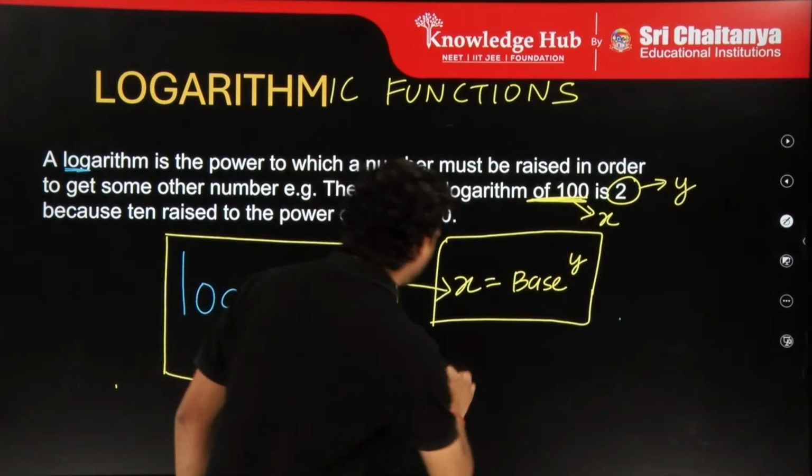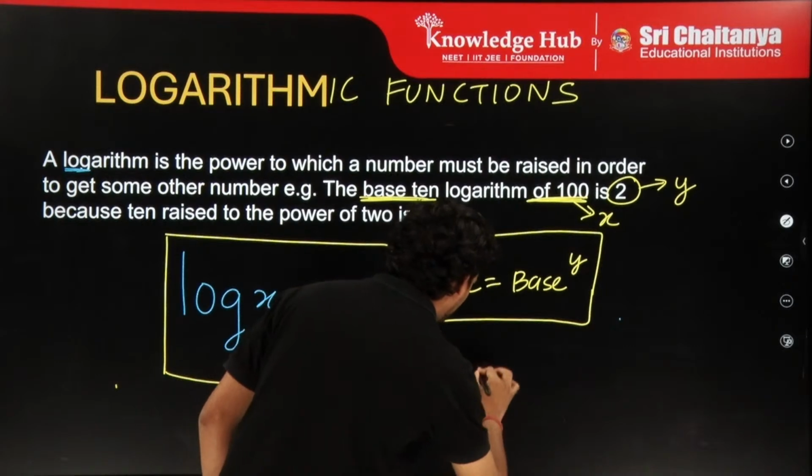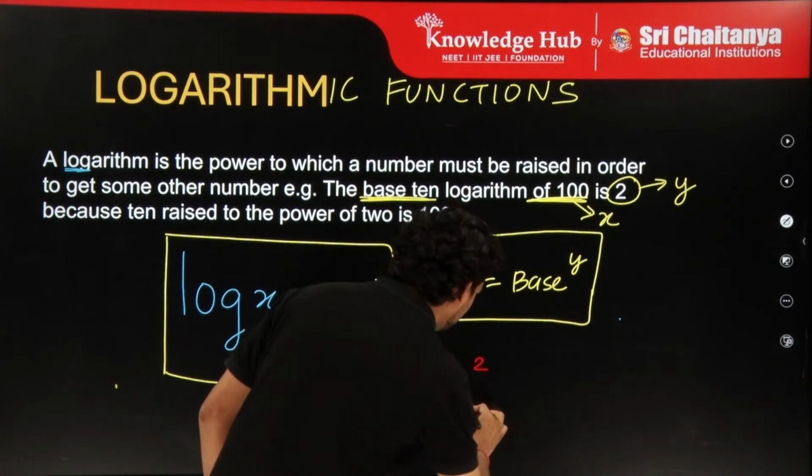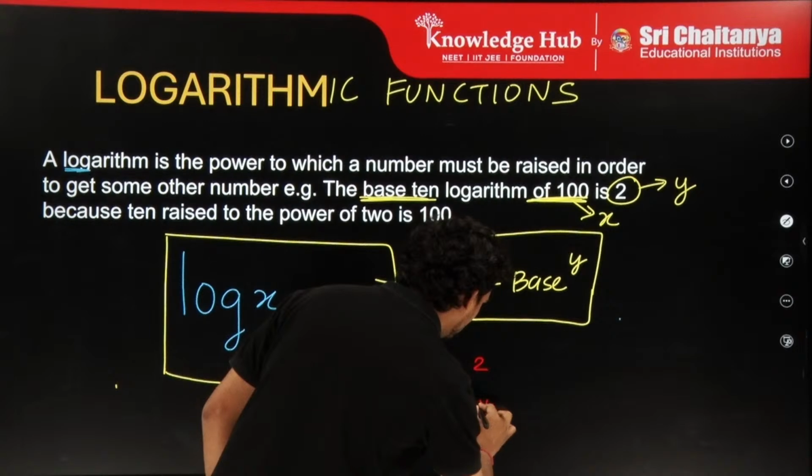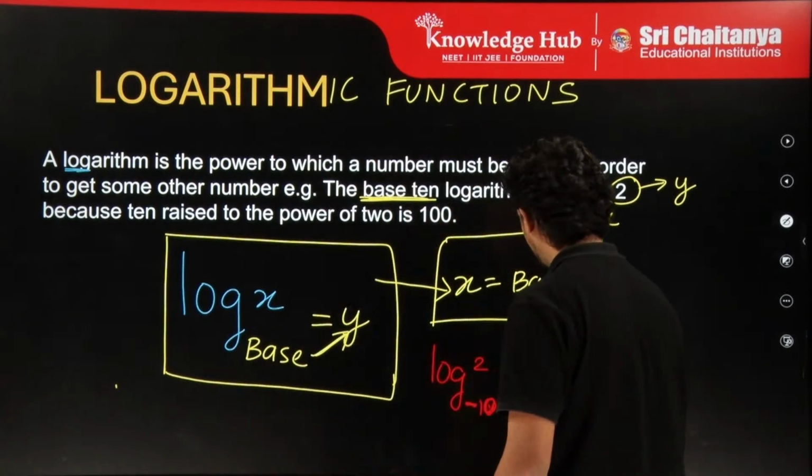So let's say I want to find log 2 base minus 10. Okay, I want to find this number, log 2 base minus 10. Let's say this is some y.